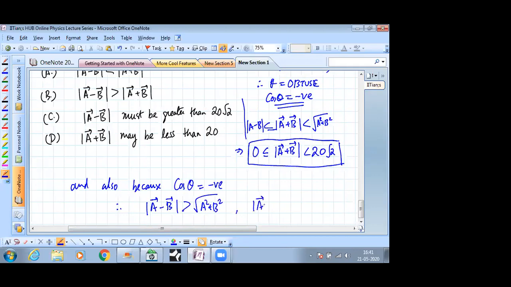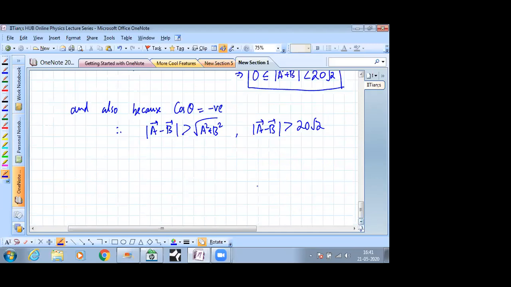So mod of A minus B is greater than 20, but at the same time, while it is greater than root of A square plus B square, it cannot also exceed the sum. So therefore in this particular case, mod of A minus B lies in this range of values.